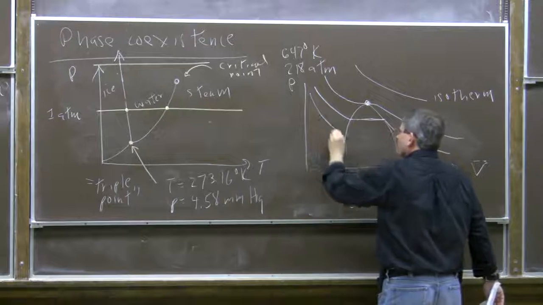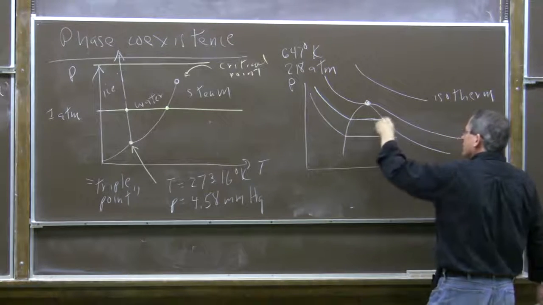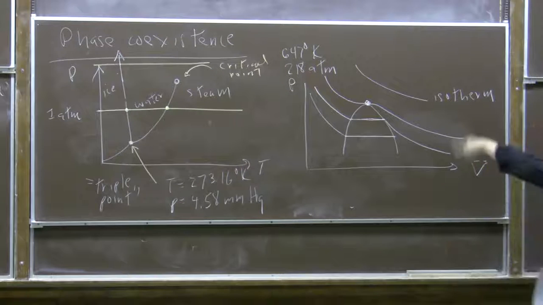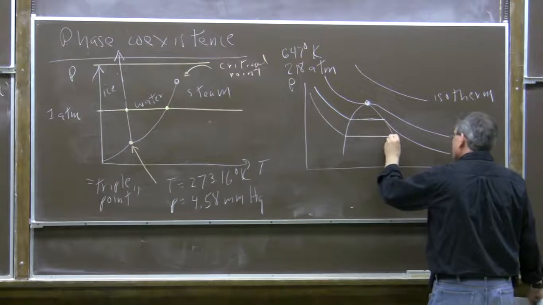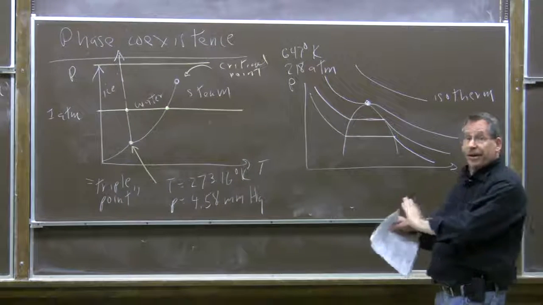So these isotherms are flat in this region, which I've marked off with the upside down U, and look kind of like that. Larger volume means we're in the gas phase.